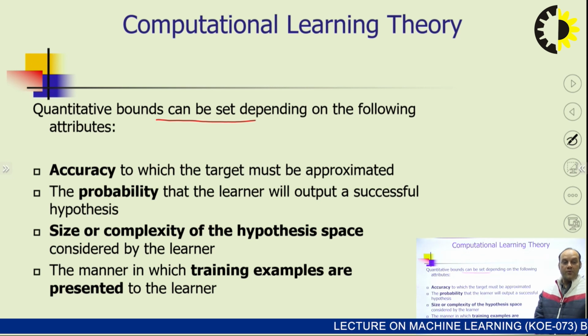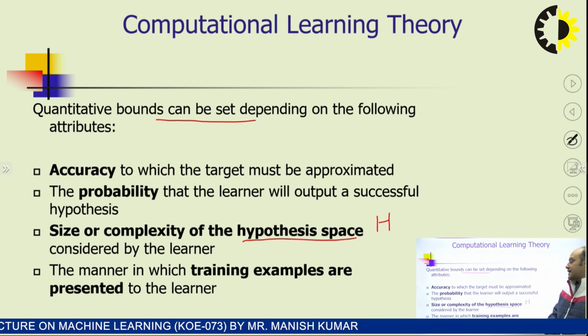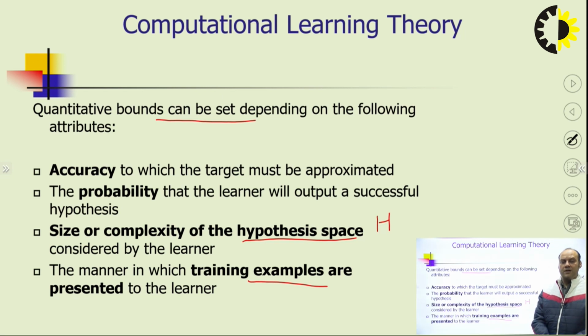Okay. The third attribute is the size or the complexity of the hypothesis space. That is always a matter of consideration here, that hypothesis space H. Okay. The manner in which training examples are presented is also important. We have also studied several examples, for example, whether my friend is going to enjoy his favorite sport on Sunday morning or not. So there are several climatic conditions also: wind is blowing or not, temperature is hot or cold, it may rain or not.